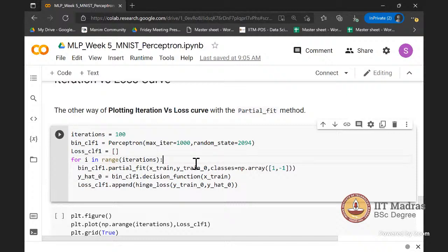Whereas it's not the same case for partial fit. So I think that is one of the distinctions between these two, if I'm not wrong. Yeah. So, Rajiv, the only difference between those two is the number of iterations for which they run. Partial fit runs only for one iteration, and fit runs for the number of iterations mentioned in the class declaration.